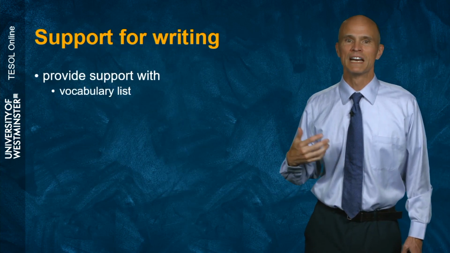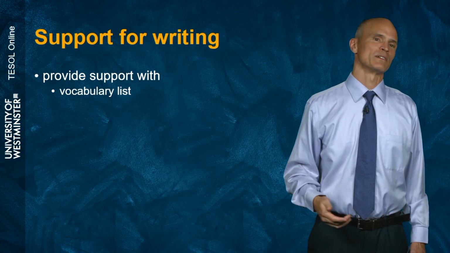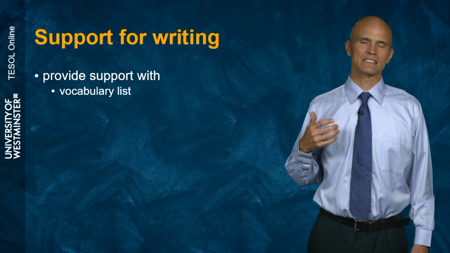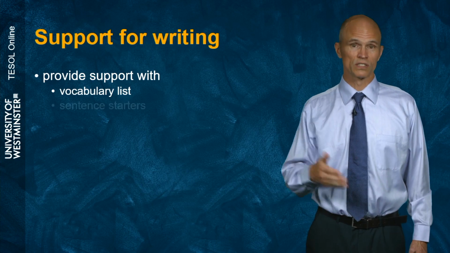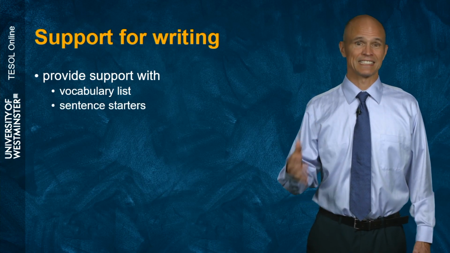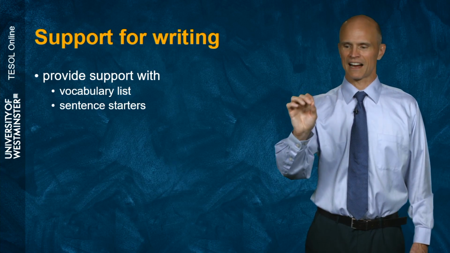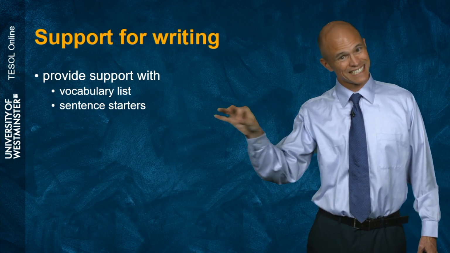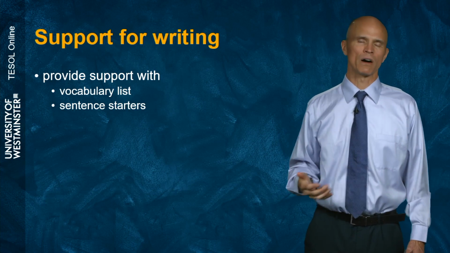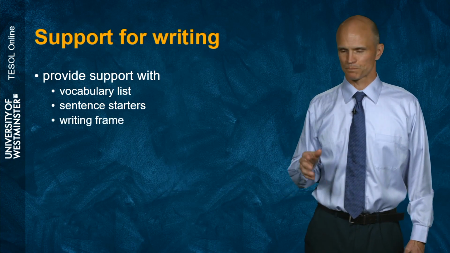That should help them as they go along. Finally, with writing: vocabulary lists of possible words to use in their answers, and sentence starters, like I said before, the sort of thing where you say, on Monday, I like to, and then they continue from that point. It gives them a model to work with.